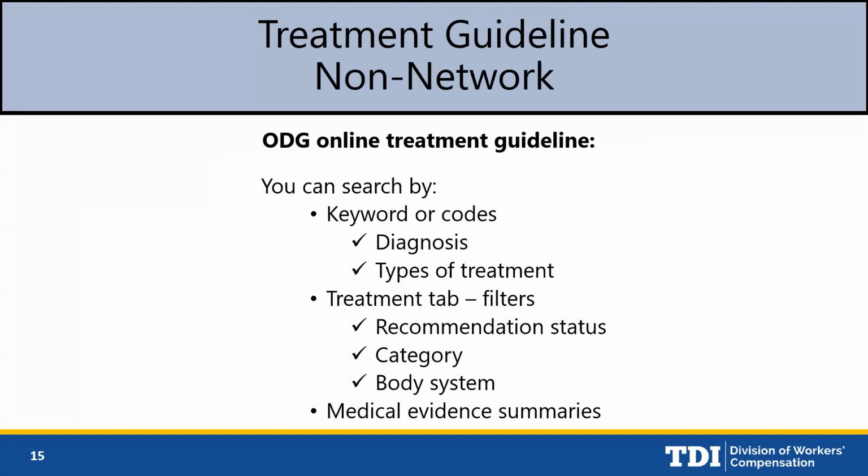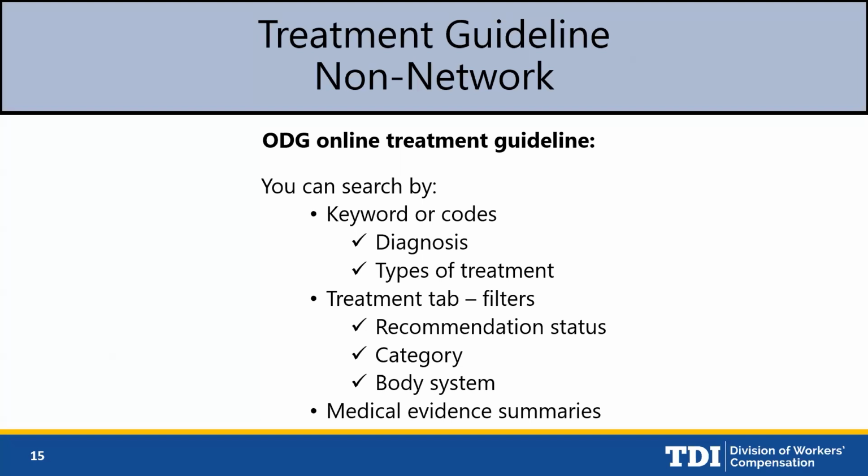So just to go on a little bit more about ODG, this is an online product. It's a living, breathing document online. So things happen, things change on there. New evidence, new scientific studies are adopted by ODG and incorporated into their recommendations and their not recommended status.